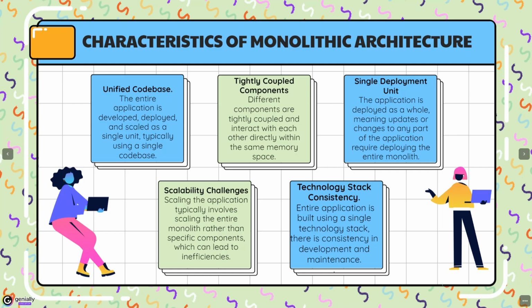When you make changes, you update the whole device, which can be heavy if you only need to change one part. While it offers consistency by using a single technology stack, scaling up means boosting the entire system, which can be inefficient. It's a solid choice for simplicity, but scaling and updating can be a bit of a challenge.